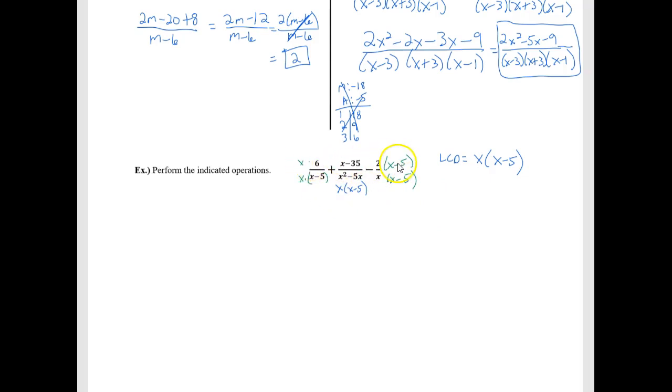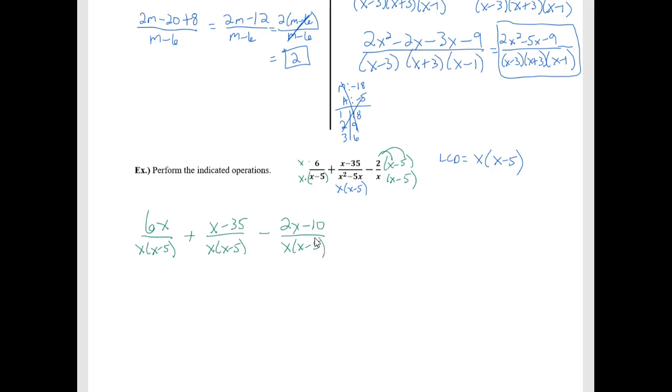So let's look at what's left in the numerator. We have 6 times x over x times x minus 5. The middle expression didn't change. And the last one, I'm going to go ahead and distribute that 2. So 2 times x is 2x. 2 times a negative 5 is negative 10. All over the same denominator.